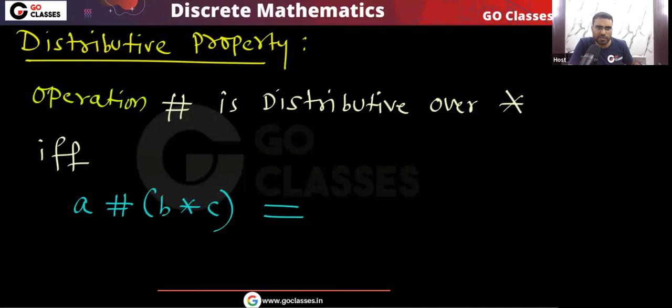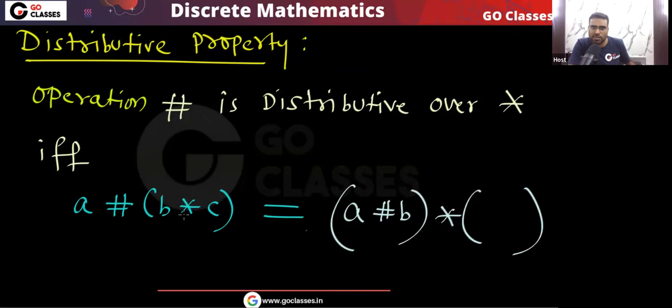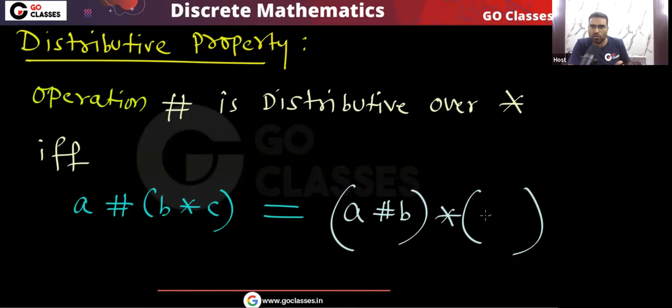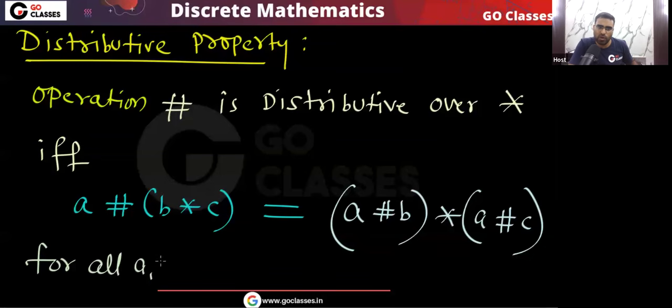That means you can distribute this hash over star, so you can write a hash (b star c) as (a hash b) star (a hash c). Basically a hash b, a hash c. So for all a, b, c, whatever values of a, b, c you take, this equation should be satisfied.